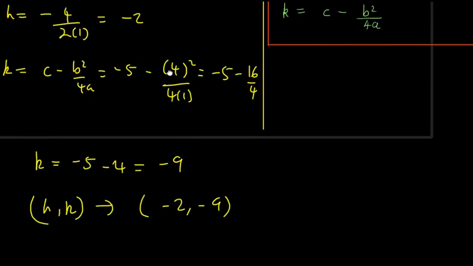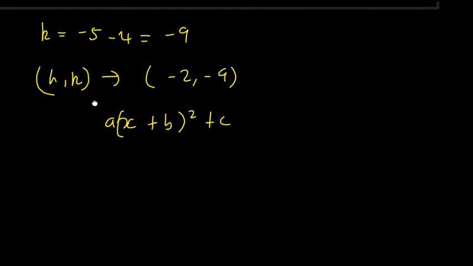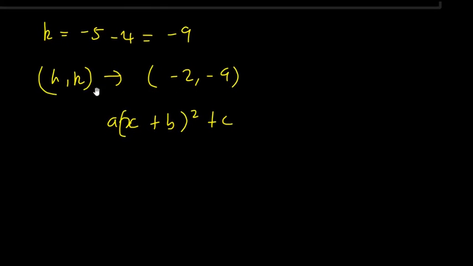So we need to express it in the form a(x plus b) squared plus c, and of course we have already got our h and k. We simply have to substitute in place.